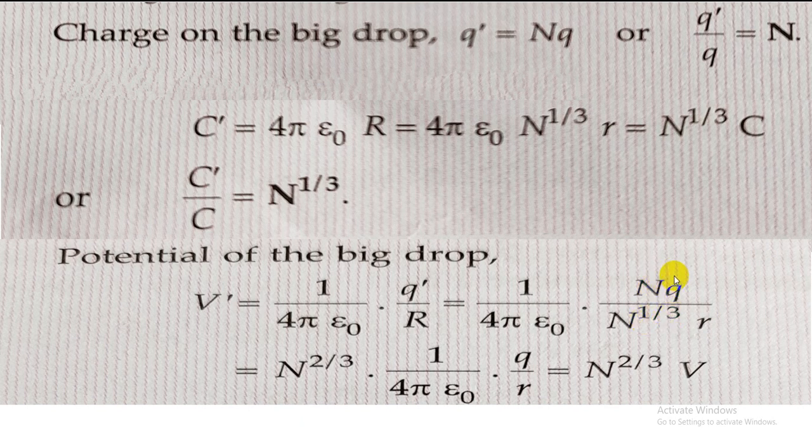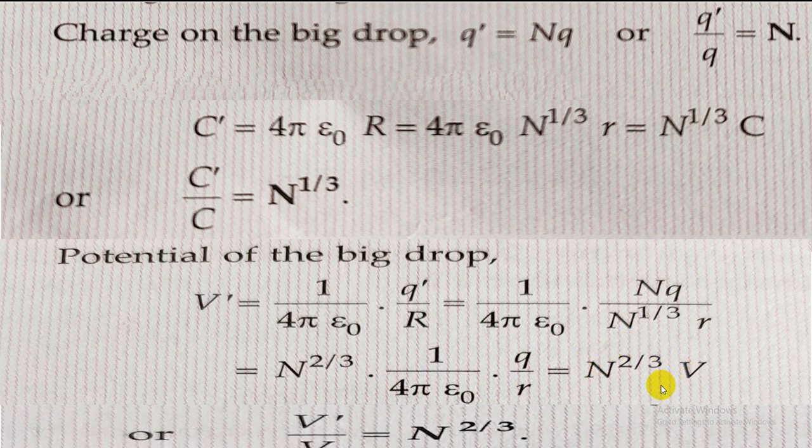If we take this up, it is n raised to the power 2 by 3, and this value, 1 by 4 pi epsilon naught q by r, is the potential of the small drop, so it is V. So we have this relation, therefore V dash upon V will be n raised to the power 2 by 3. So the ratio of the charges, the ratio of their capacitance, and the ratio of their potential is calculated.